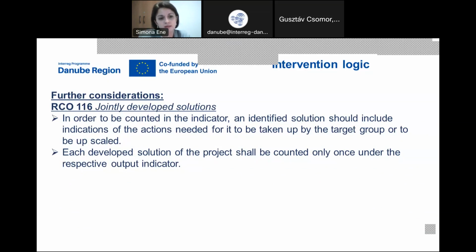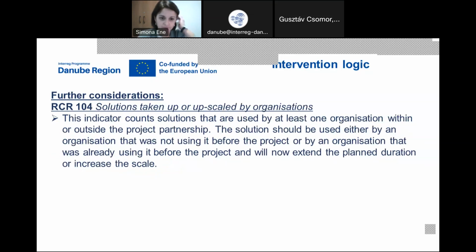What does it mean that the solution should contain the indications? We will ask the lead partners of the approved projects that when the solution as output is reported, then also here the lead partner should provide a plan on how the solution will be implemented in practice, either within the partners in the project or within the institutions of the stakeholders of the project.